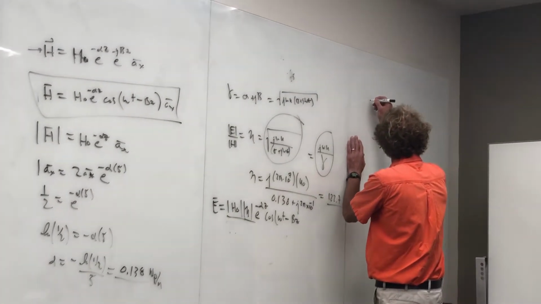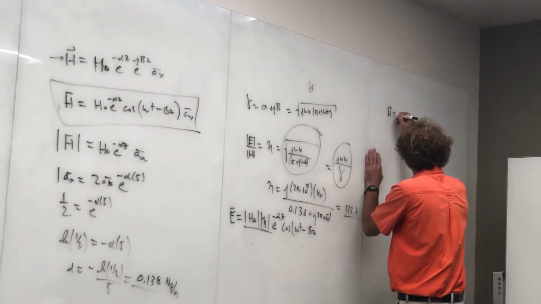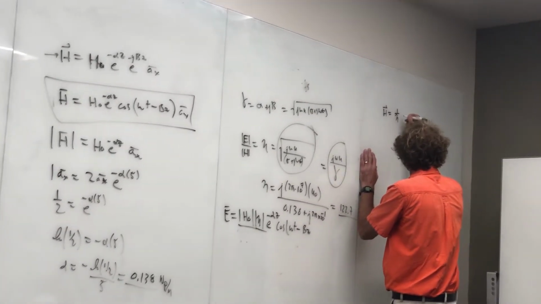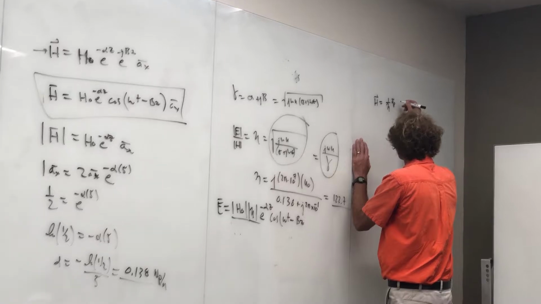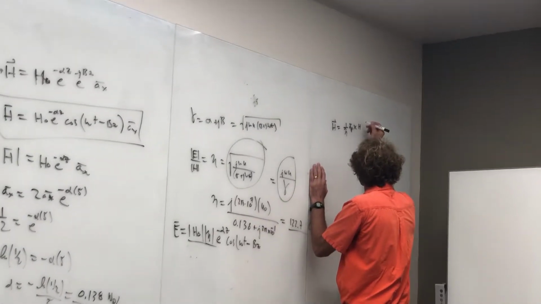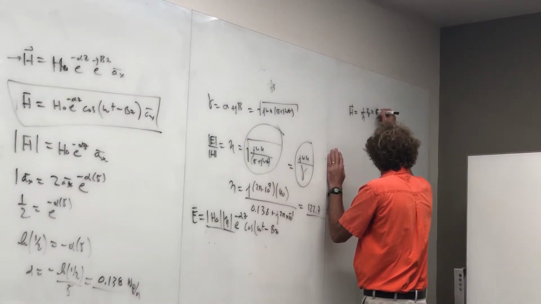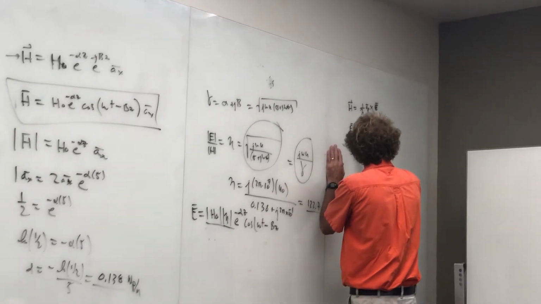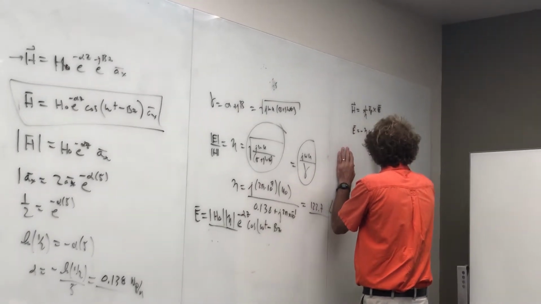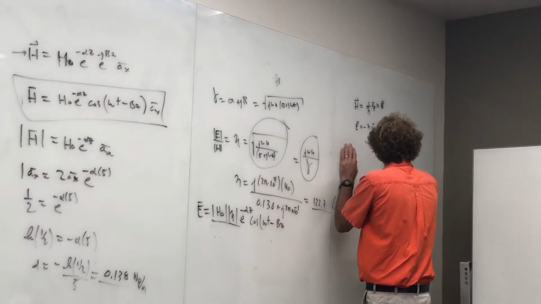Remember that I said that there were two things that made life easy. One is knowing that H is equal to 1 over eta, a rho, that's the unit vector in the direction of propagation, crossed into the E field. And the E was equal to minus eta, a rho, crossed into the H field.